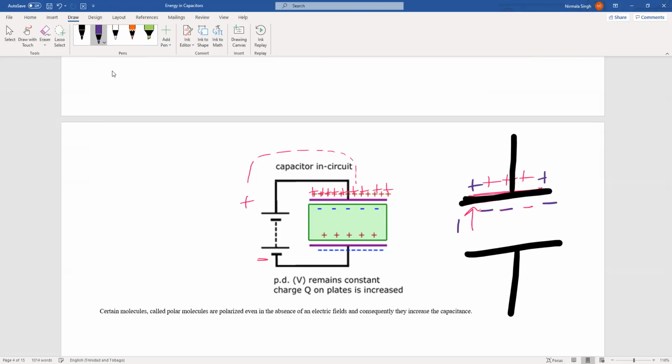So suppose these are your little distorted molecules with negative and positive poles in them. Just think, it's just a little distorted molecule that looks like it has a negative and positive pole. So you're going to end up with the negative sections facing one side, and then you're going to end up with the positive sections facing the other. So if I end up with all the positive poles in my dielectric facing one side, then these positive sides will also be attracted to your negative.